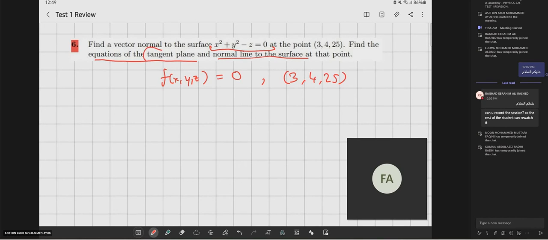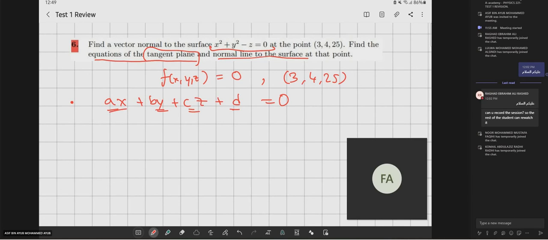So the tangent plane. What is the equation of a plane in general? In a 3D coordinate system, the equation of a plane is ax plus by plus cz plus d equals 0. This is the equation of a plane, where a, b, c, d are just some constants.